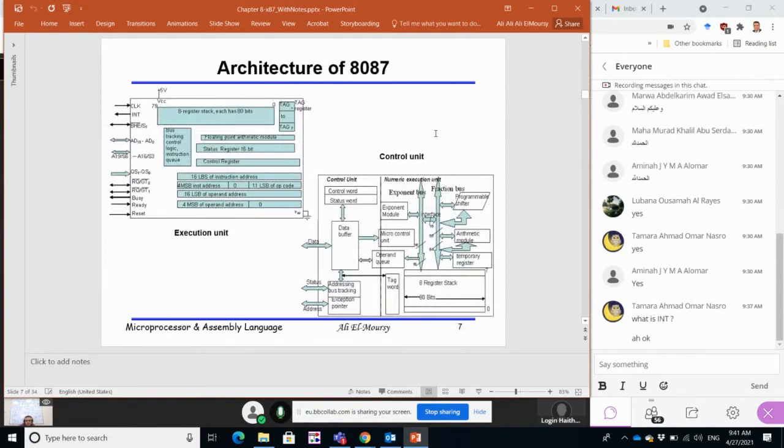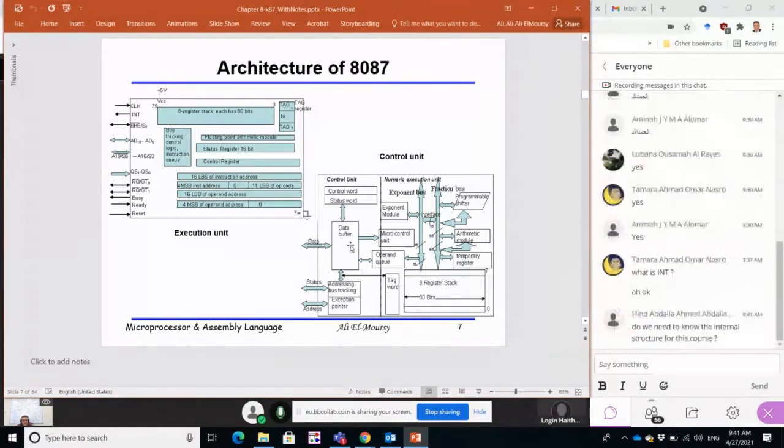From the execution point of view, these are more pictures that show the internal structure of the 8087 processor. We will not go into all of the details for the processor. However, we need to emphasize some structures inside the machine. We have what's called the data buffer that keeps some of the data.